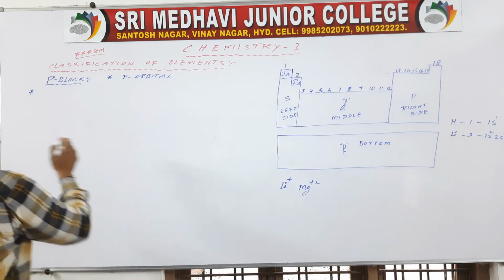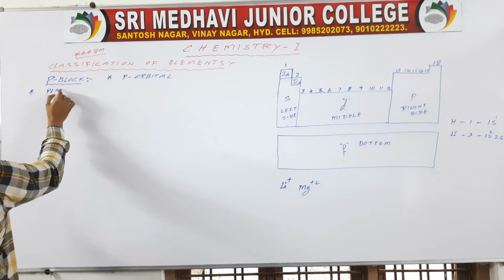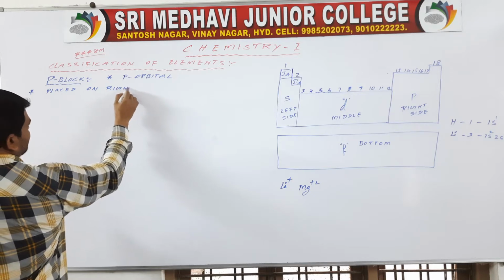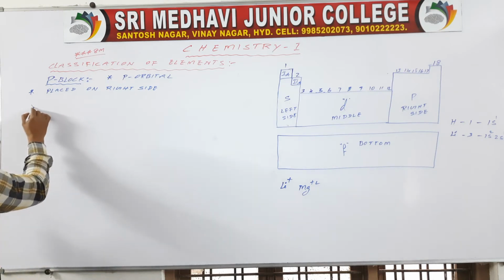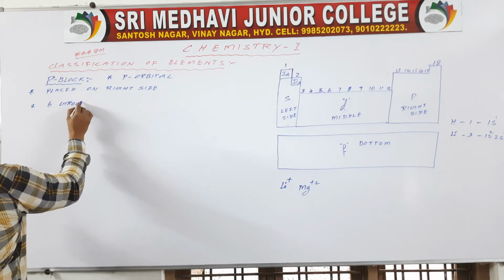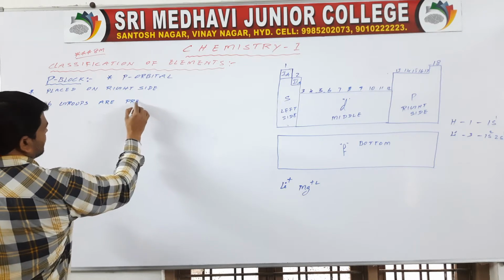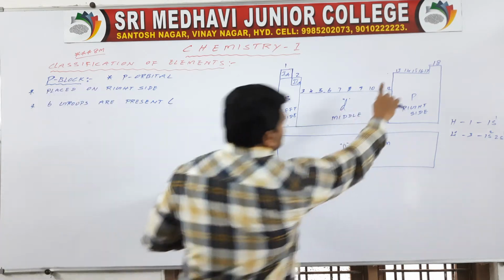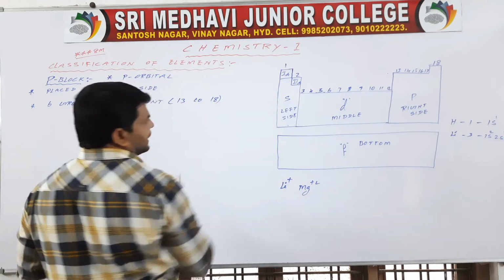Now the position: p block is placed on the right side of the periodic table. Okay, 6 groups are present in p block, from 13 to 18.